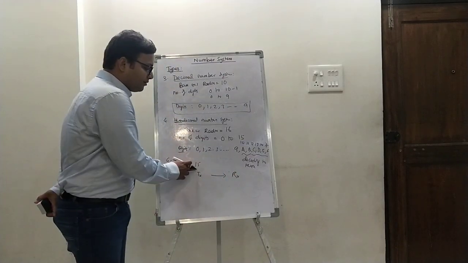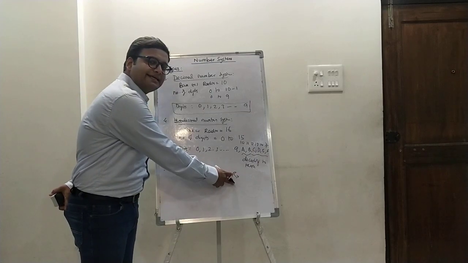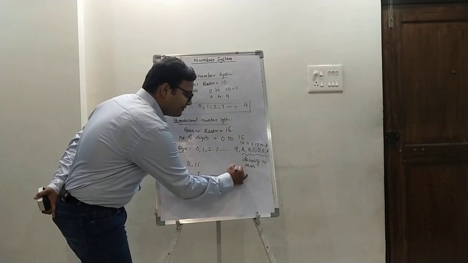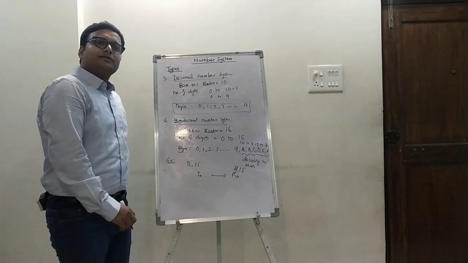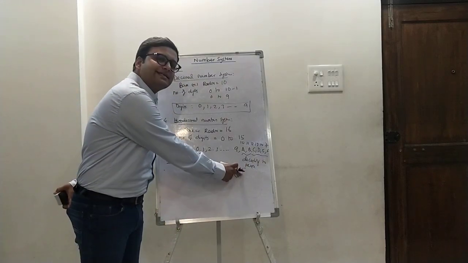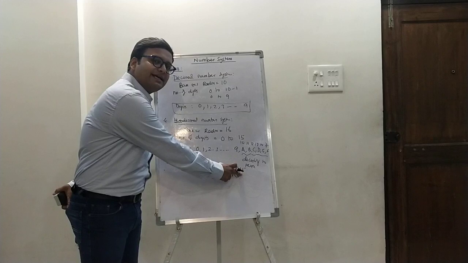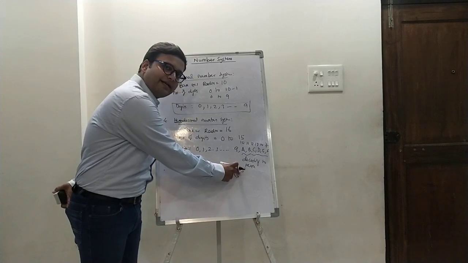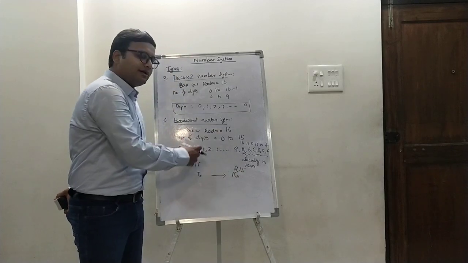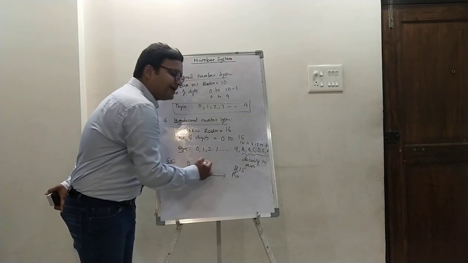After receiving at the receiver end, it is received as 215. So one can get confused at the receiver whether it's 215 hexadecimal data or 2 and 15 hexadecimal data.